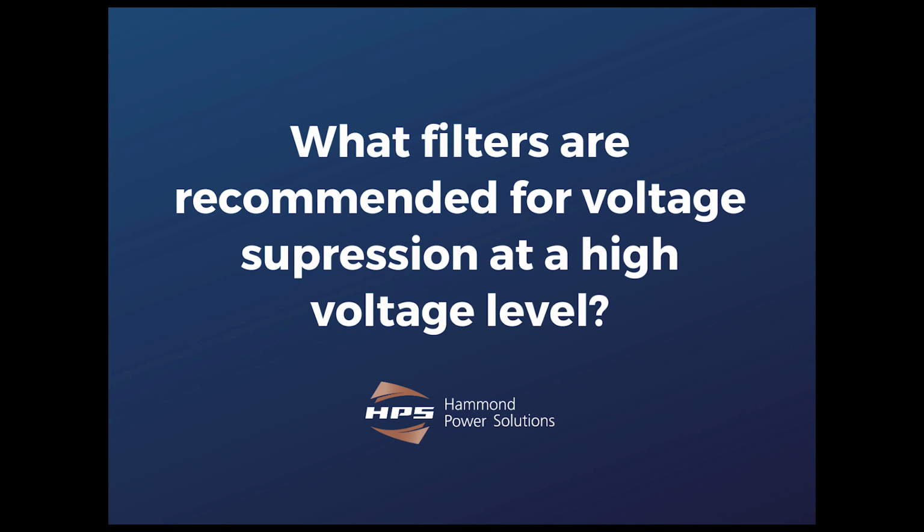What filters are recommended for voltage suppression, I believe is the question, at a high voltage level, 25 kV class? For the purpose of this discussion, we're really talking about a 600 volt class and below.